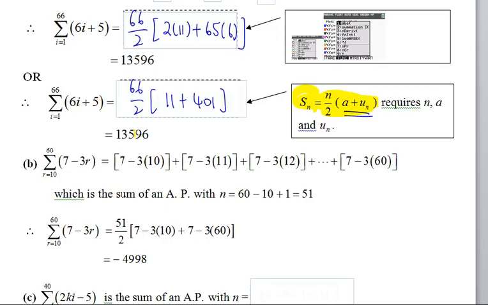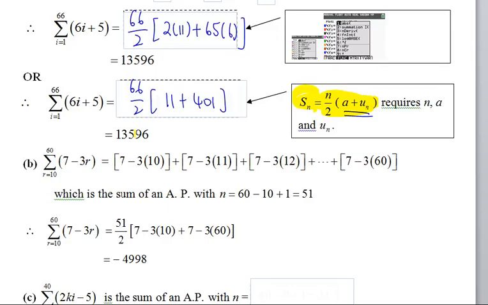Of course, if you list out, you will know. If it's a linear expression in terms of i, surely the common difference is constant, and here it is negative.